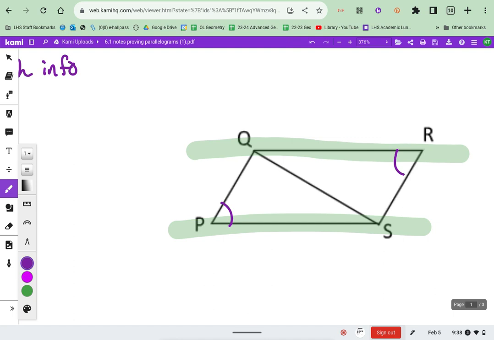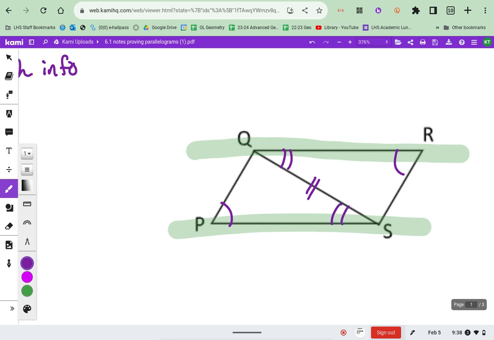Okay, and let's just go ahead and mark the other stuff that we already see, and then we'll decide if we have enough information to prove it's a parallelogram or if we need to keep thinking. So what else do you see in this picture that we could just go ahead and mark? A reflexive side, for sure. What else? Yeah, alternate interior angles.